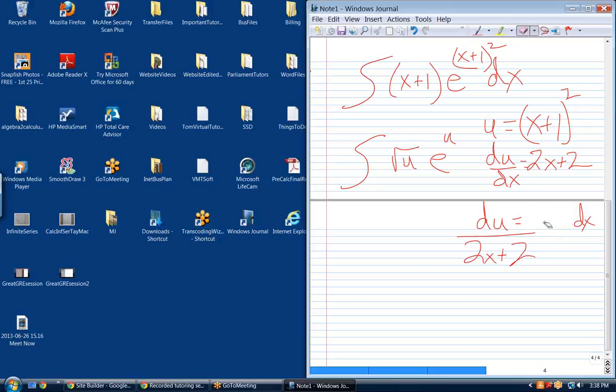Okay. So instead of dx, I have to put this in there. So now I can write this thing as the square root of u, e to the u, and instead of dx, I'm going to put all of that: du over 2x plus 2.